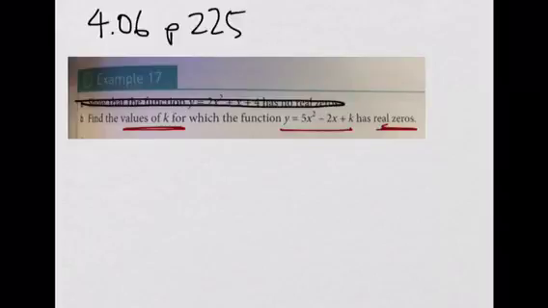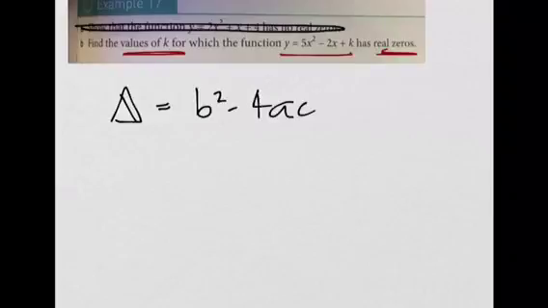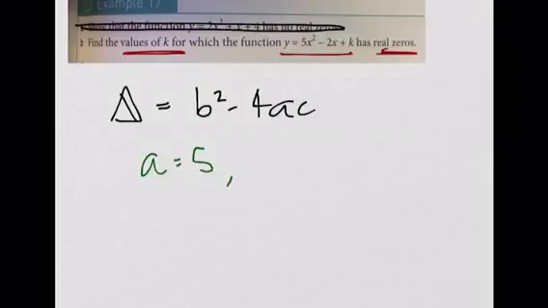We don't actually need to find what they are, but we can use the discriminant to find what type of zeros our function has. So discriminant equals b squared minus 4ac, the thing from inside the radical sign in the quadratic formula. Now we had a equals 5, b equals -2, and c equals k.